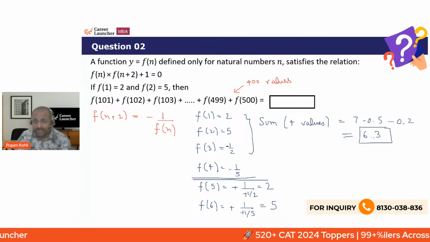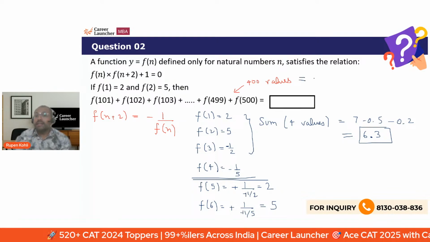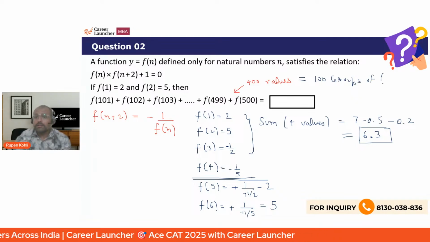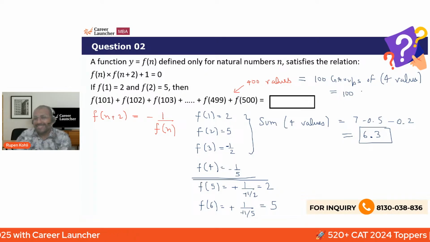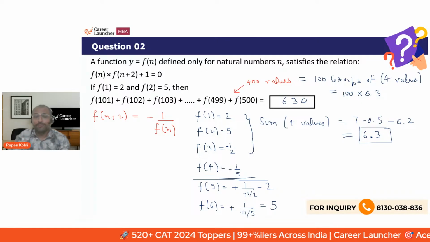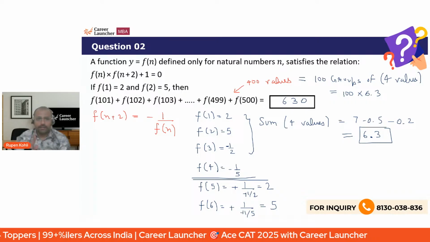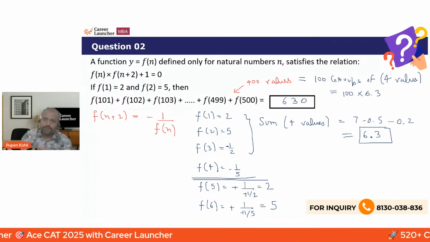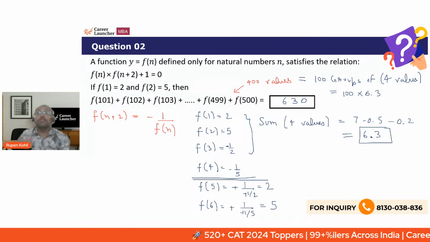So this 6.3 is the sum of any 4 consecutive values of the function. 400 values means 100 such groups, so 100 groups of 4 values will add up to 100 into 6.3, which is 630, the required value. Pattern recognition, functional equation, and a simple, easy summation once you understand that the function is repetitive.